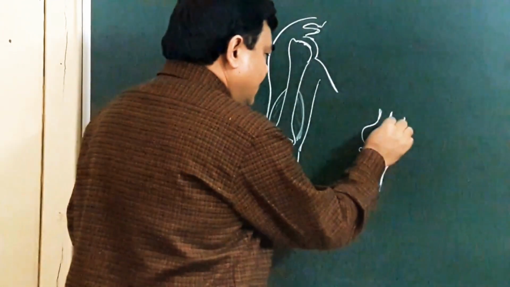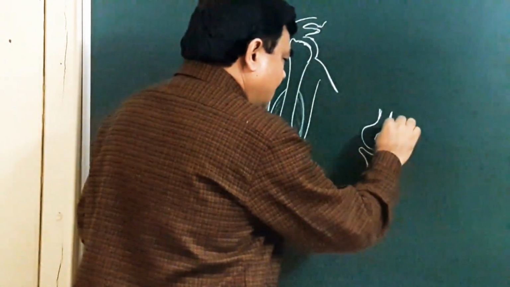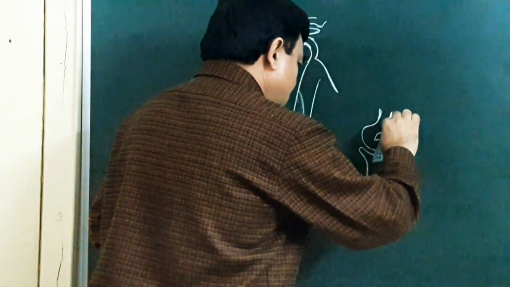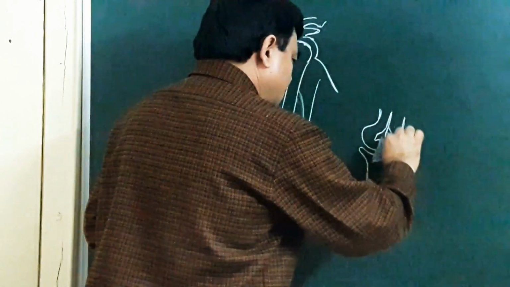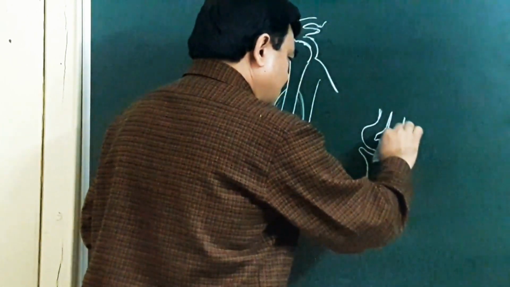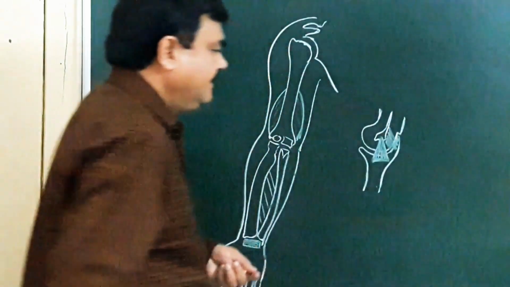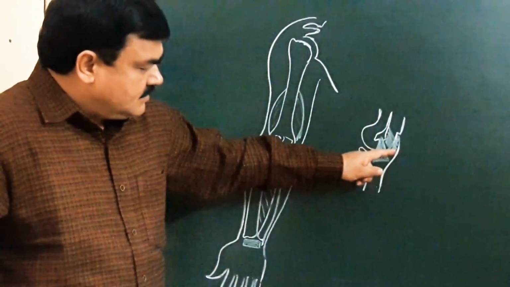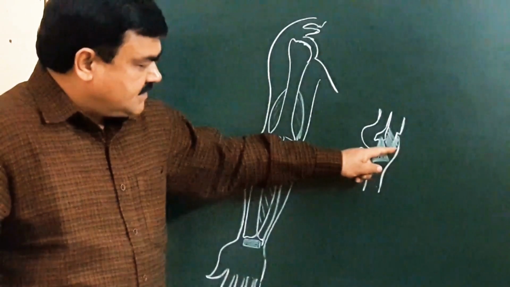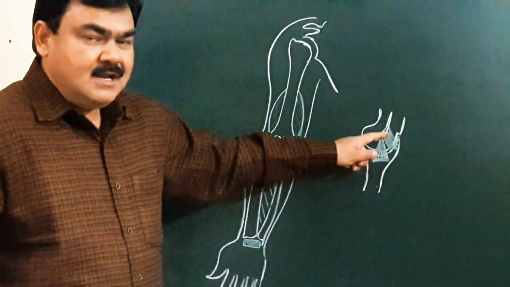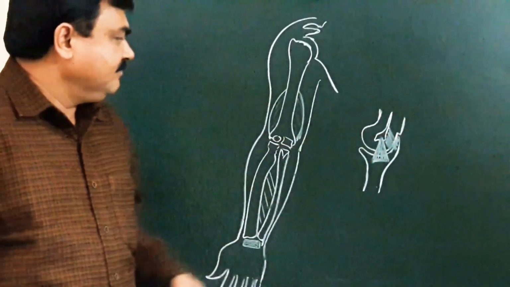And here is a fibrous sheath which connects the olecranon process with the medial epicondyle.